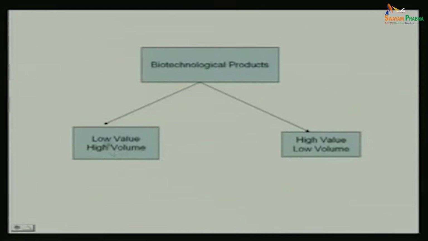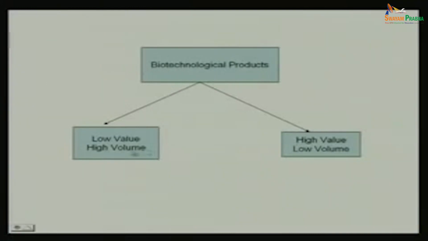When we are talking about this ethanol, we are handling raw material which is lignocellulosic in nature, and we are getting a huge amount of lignocellulosics. From here the ethanol we are getting is also high volume, a huge quantity of ethanol we are producing, but its value is not that high.